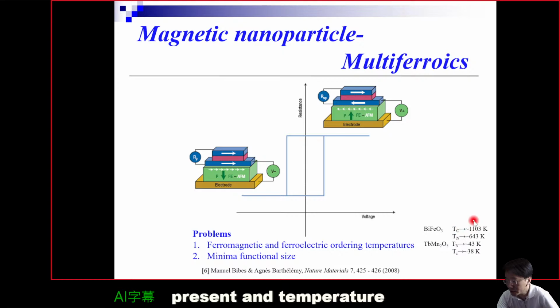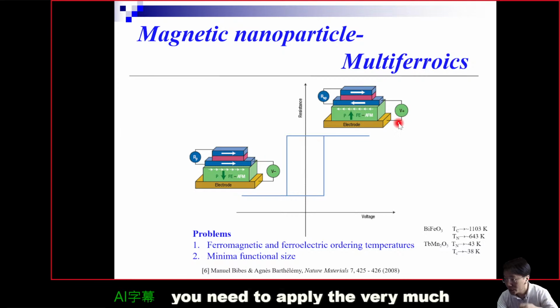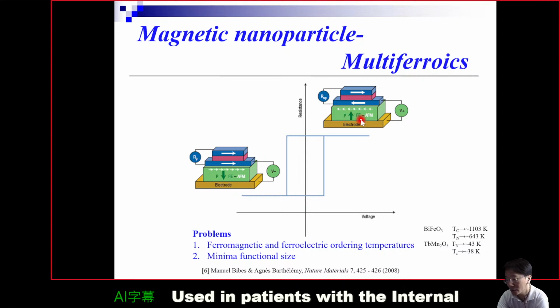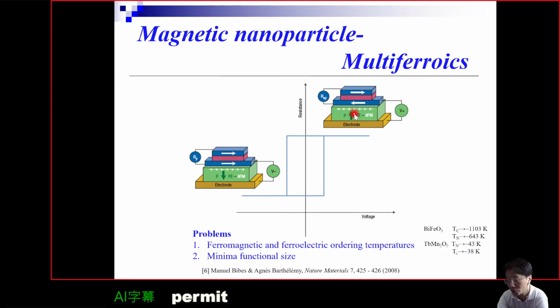But unfortunately, if you have such a high ordering temperature, you need to apply a very large voltage when you want to change its state, because a higher ordering temperature means the interaction of the internal electric dipole moment or magnetic dipole moment is very strong.